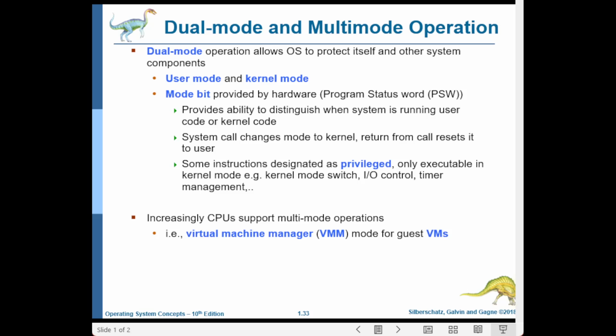That is why, if a user process tries to execute a privileged instruction in user code, the operating system will catch it as a trap, so the operation will be halted.